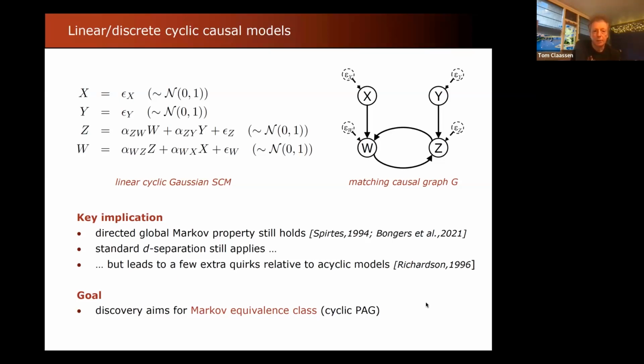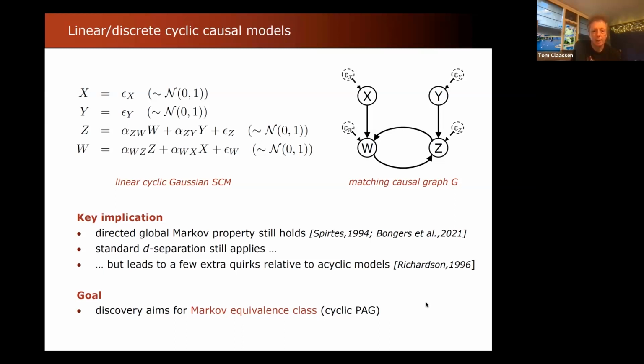For x and y, maybe there are some unobserved noise components, like Gaussian noise. But z, for instance, depends on both w and y with a certain parameter, and then some additional noise as well. And the same for w, but the other way around. That would match the causal graph on the right-hand side, which is the way of graphically depicting these connections.